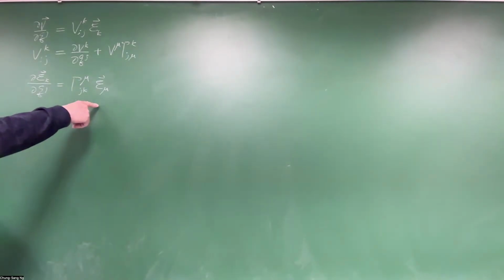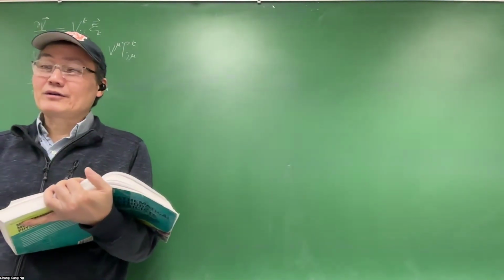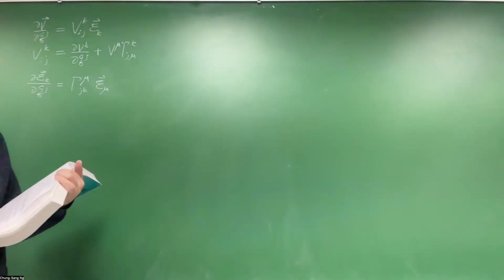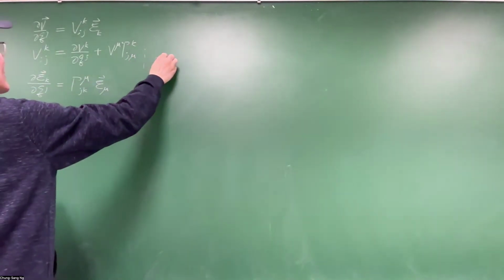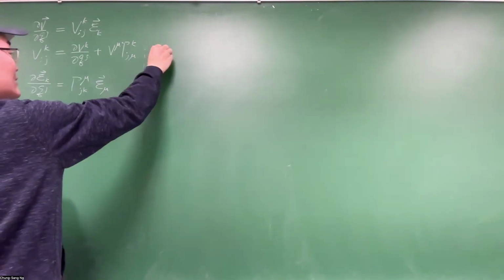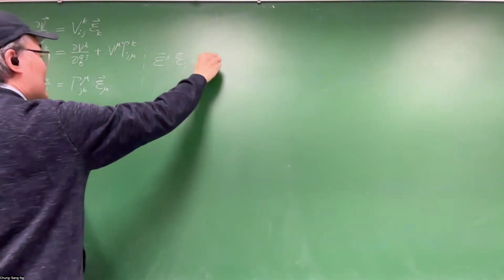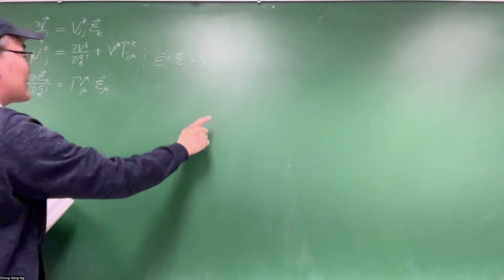But for these covariant basis vectors, it's not orthogonal to another covariant basis vector. It's orthogonal to a contravariant basis. If you remember, we talked about that before. It's orthogonal in this sense.